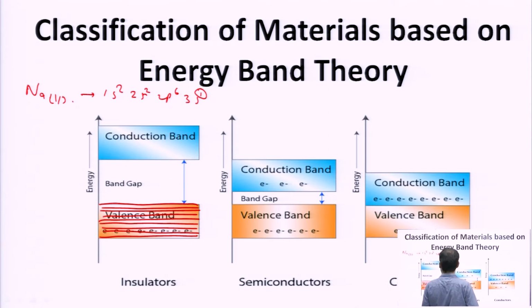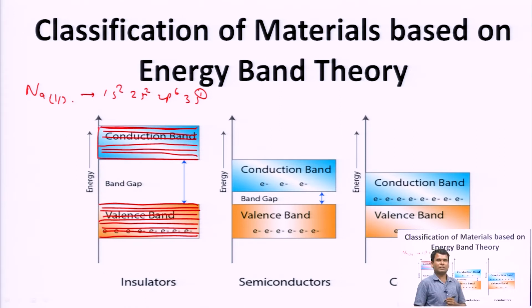On the other hand, when we supply some energy to the valence electron so that it can jump into the excited state, that is called the conduction level, and when we draw the energy levels of all electrons at the conduction level, we get lines of energy levels, and this is called the conduction band.